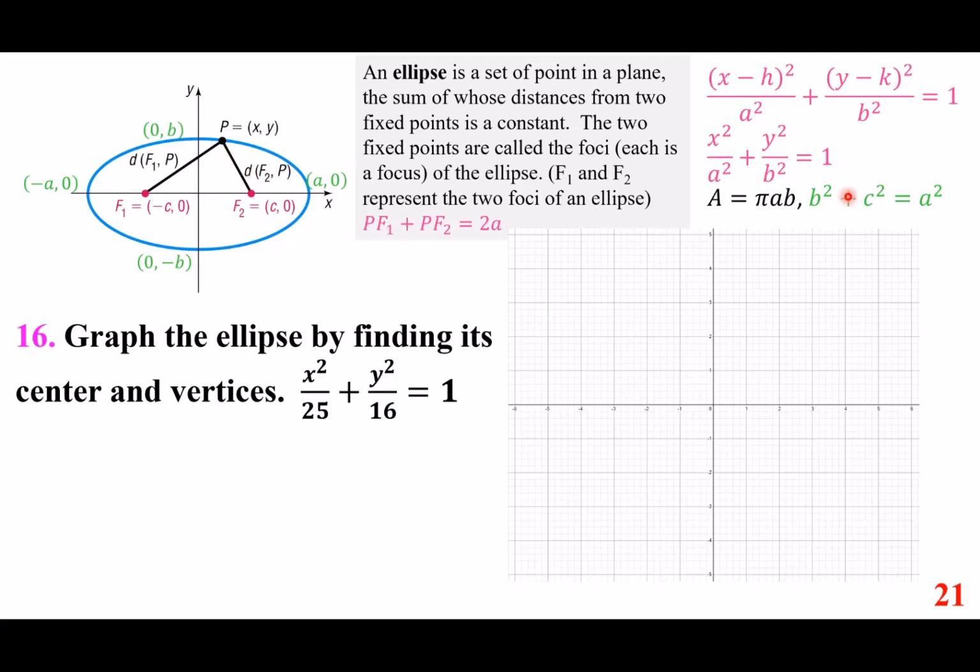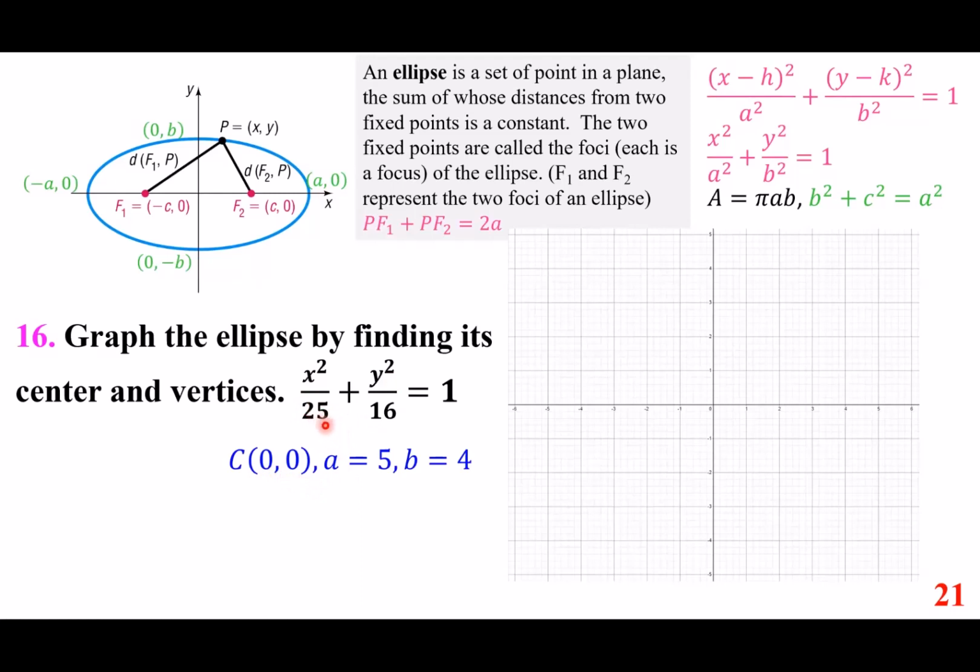So it's always on this side, but it could be B squared plus C squared equals A squared, as it is the case here, simply because B is smaller than A. It could be A squared plus C squared equals B squared if it's elongated along the y-axis and B is larger.